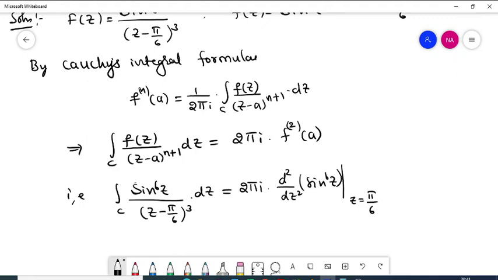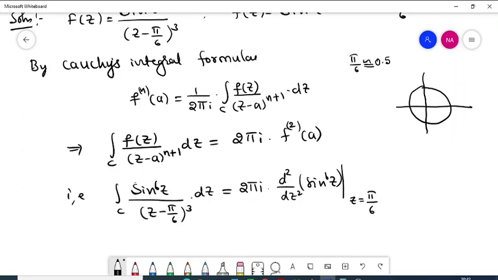Now the question is, does pi by 6 lie within the circle of radius 1? We can check that the value of pi by 6 is approximately 0.5. 22 by 7 divided by 6 gives 22 by 42, so 21 by 42, that is 1 by 2.